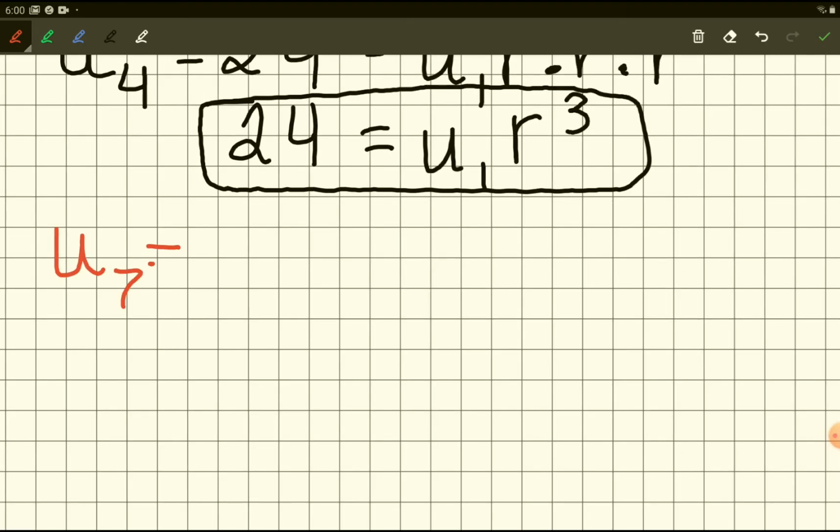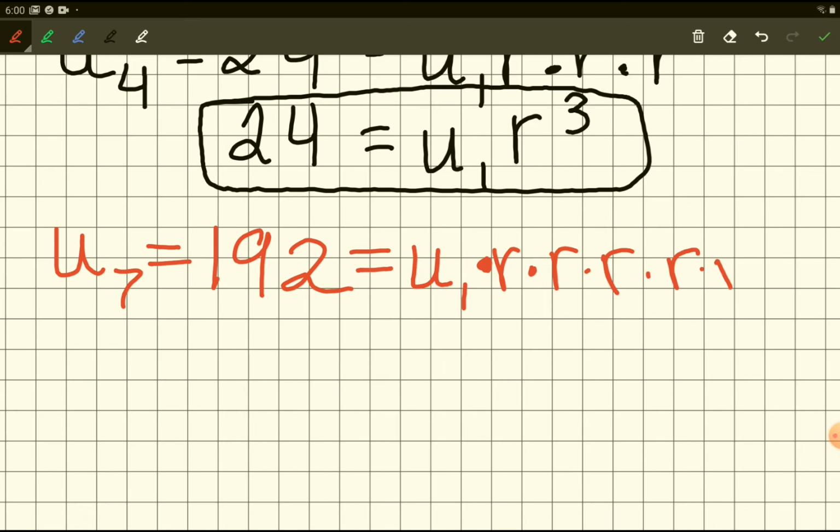So u7, which is 192, is really the 1st term times r six times. It's 1st term, 2nd, 3rd, 4th, 5th, 6th to get the 7th term. So u1 times r to the 6th.